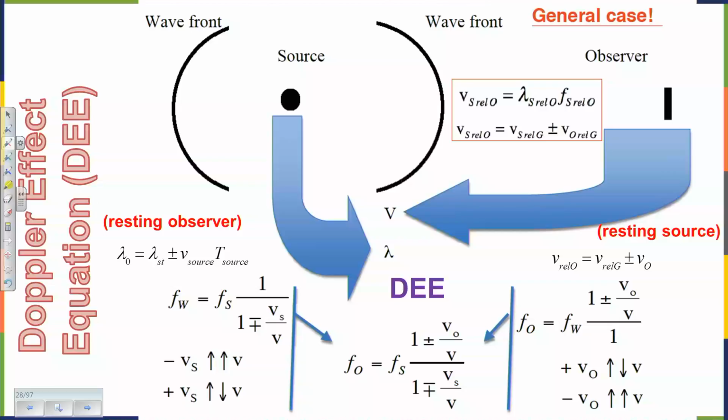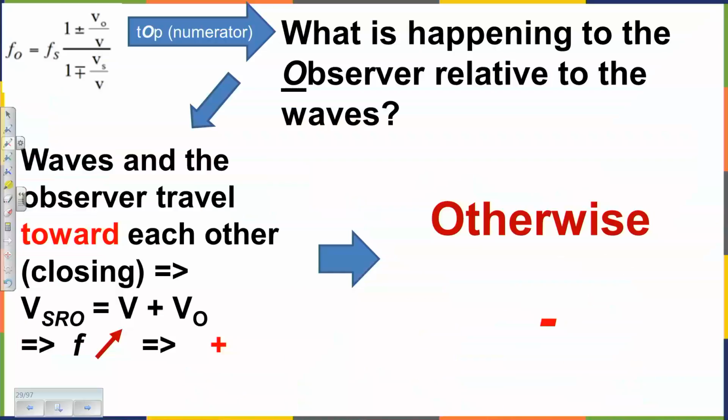And to increase the fraction, we should decrease the denominator, we should choose a minus. And when the source travels in one direction and wave fronts which reach an observer travel in the opposite direction, that expands the wavelength, decreases the frequency. And to decrease a fraction, we should increase the denominator, and we should choose a plus.